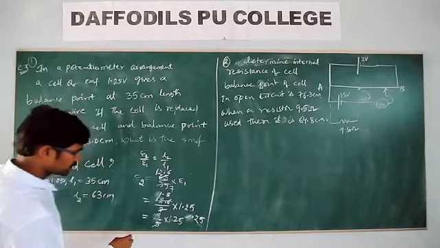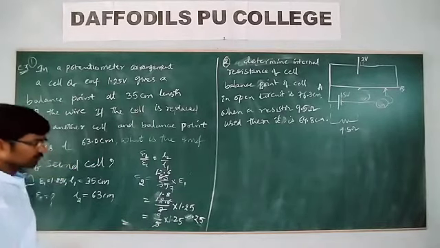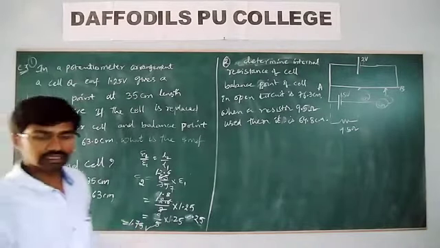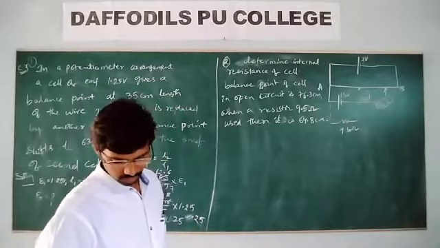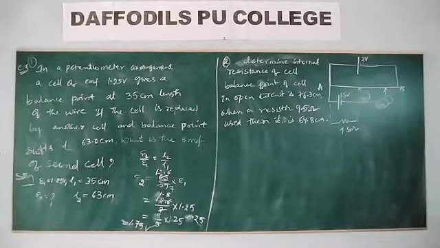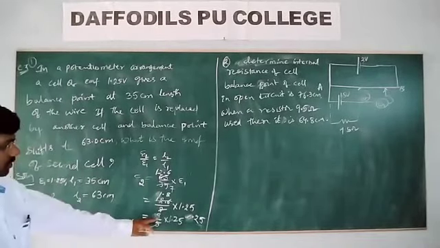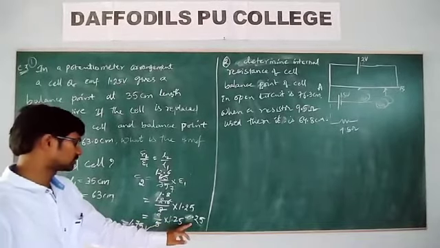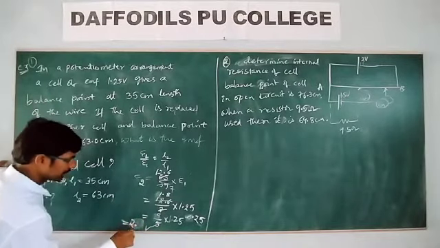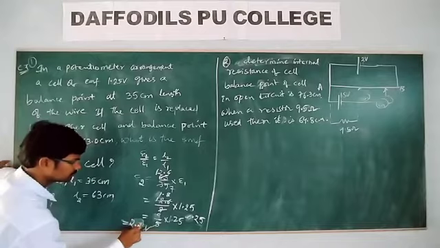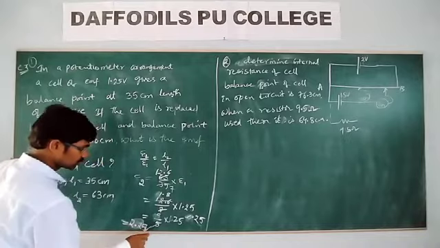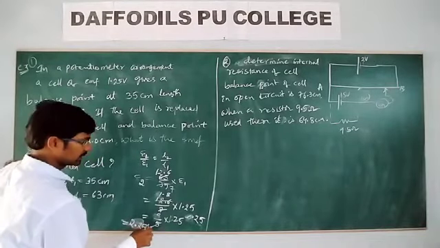Now 9 into 0.25, what is that? 9 into 0.25 is 2.25. So 2.25 volt is the EMF of the cell.